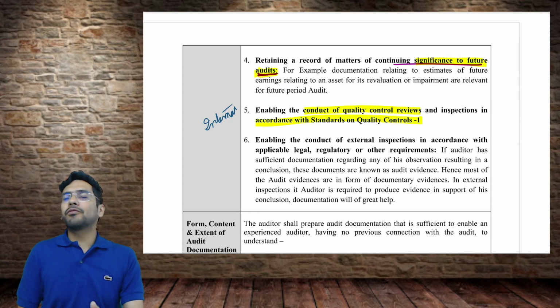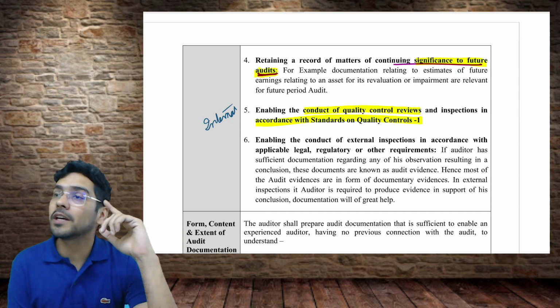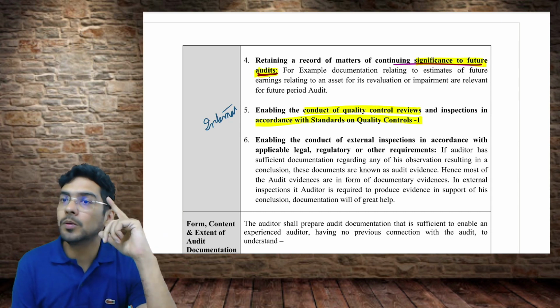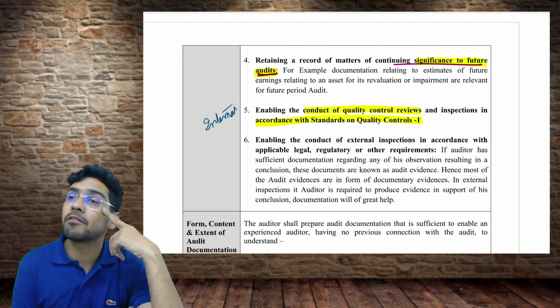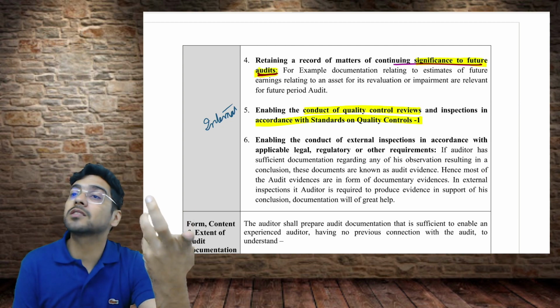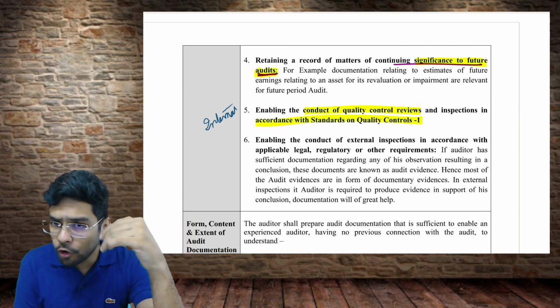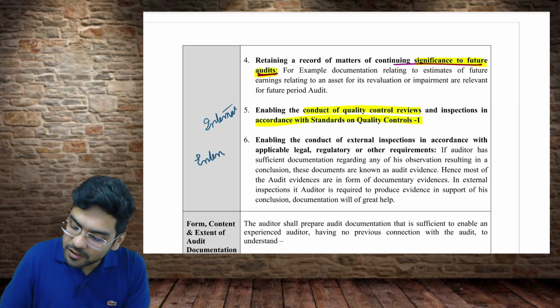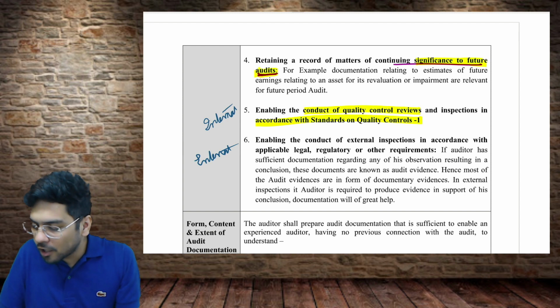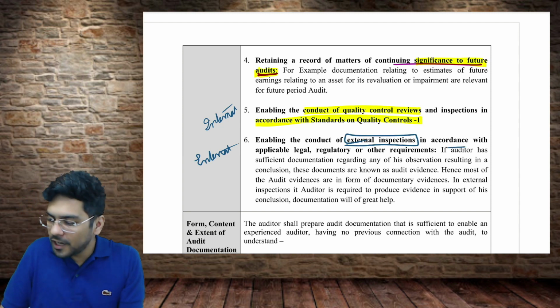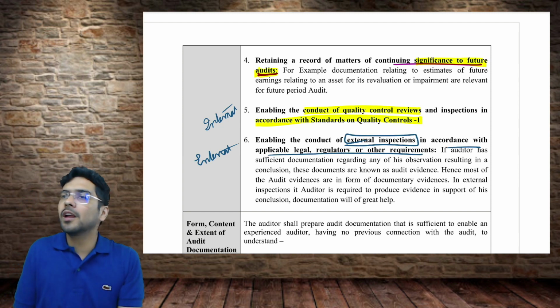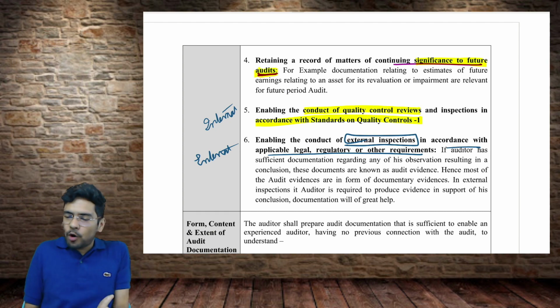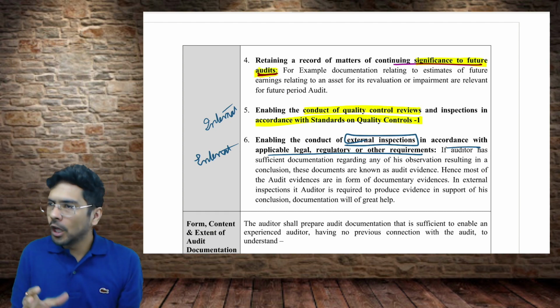But let's say the client was engaged in a fraud, the CBI came to the client and now they have come to the auditor also, and they are asking you how did you do the audit and all. Won't you be showing them the documents? Yes, this is more like external investigation. So it says enabling the conduct of external inspections in accordance with applicable legal, regulatory and other requirements. So these are the purposes, guys, why one should have audit documentation.